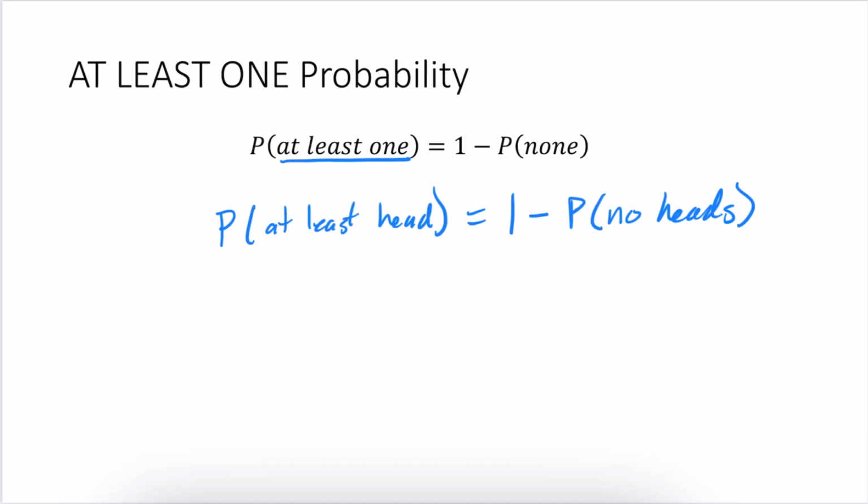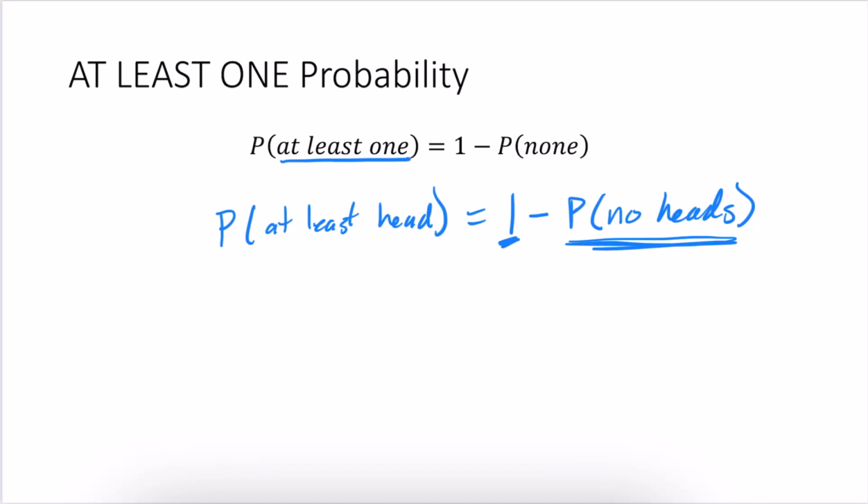And this idea is very, very similar to what we did in the counting methods video, because the 1 is basically like 100%, or like it's including all of the possible outcomes, and then you subtract the probability of getting the outcomes that are not what you're looking for.